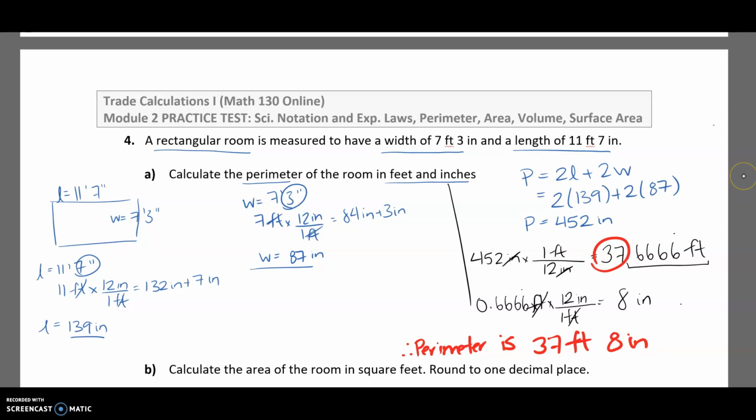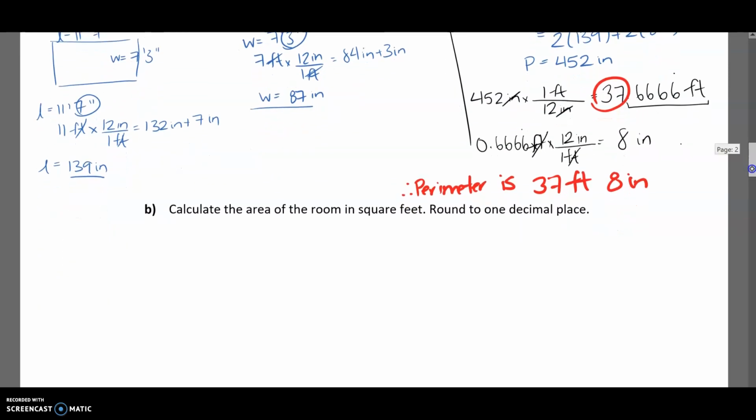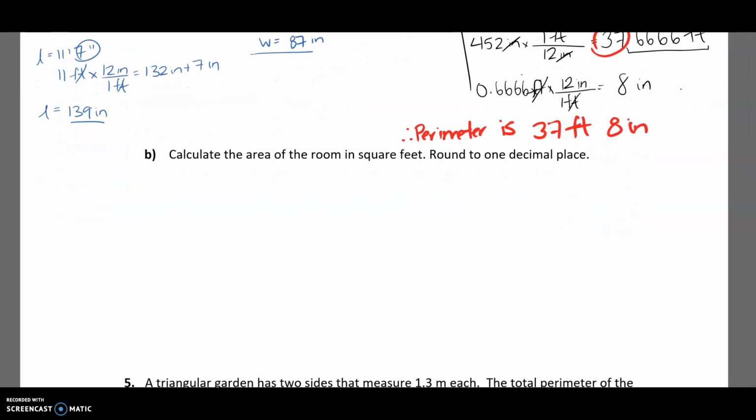Now in my next question, I'm asked to calculate the area of the room in square feet. And my final answer, I'll round to 1 decimal place. So again, this is a rectangular room. You can look on your formula sheet if you need to. Area is length times width. Again, our length and width have to be in the same units.